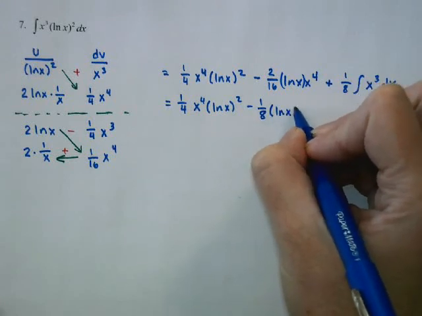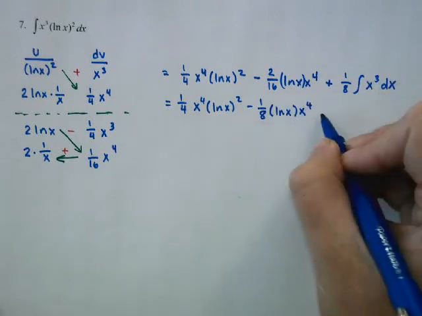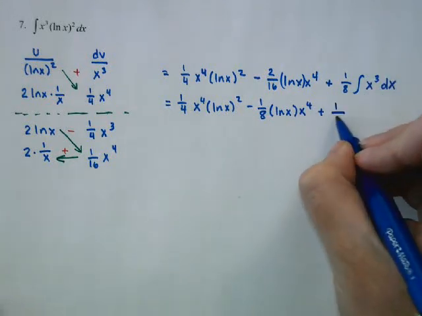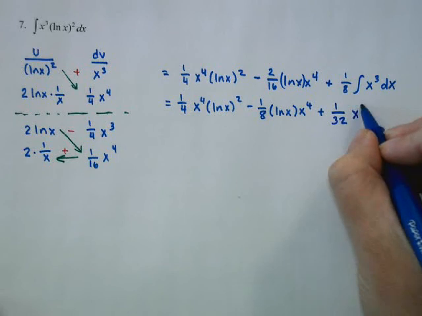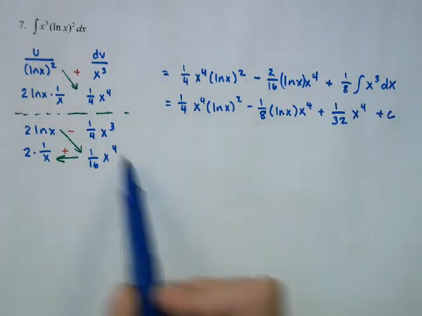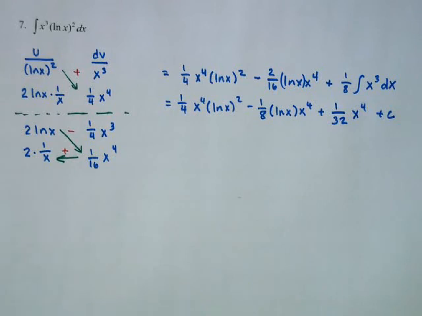This is going to be 1/4 x to the fourth, so we're going to have 1 over 32 x to the fourth plus c. So again, we could have done that in another step here. We'd end up with the same result. So this is rapid repeated integration by parts.